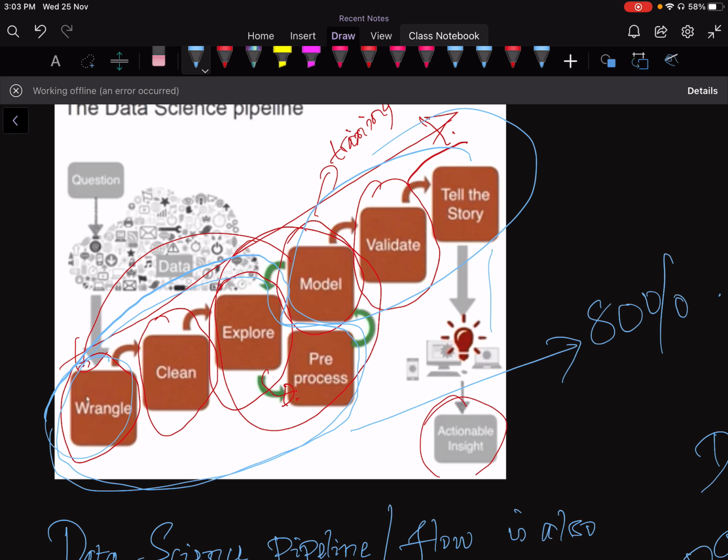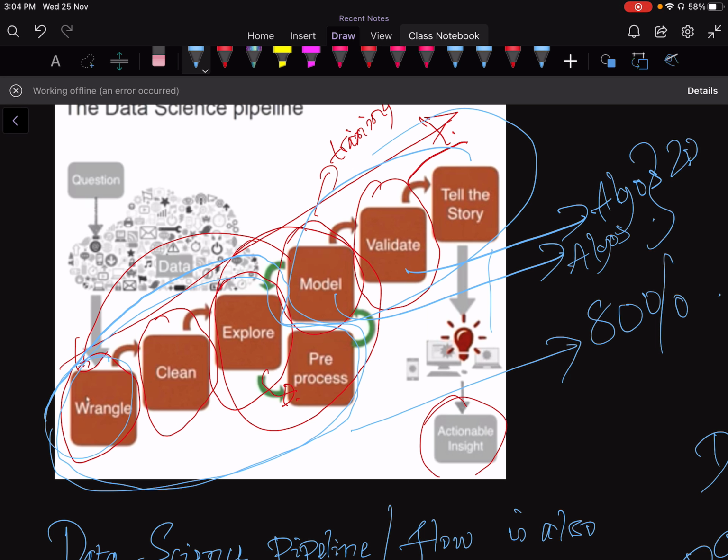Because for that 20 percent, you already have these algorithms as packages. You just have to use whatever algorithms are there, classification algorithms, supervised or unsupervised, whatever it may be, right? Or you are going for a deep learning kind of method, whatever it can be. Those steps will require only 20 percent of your time.